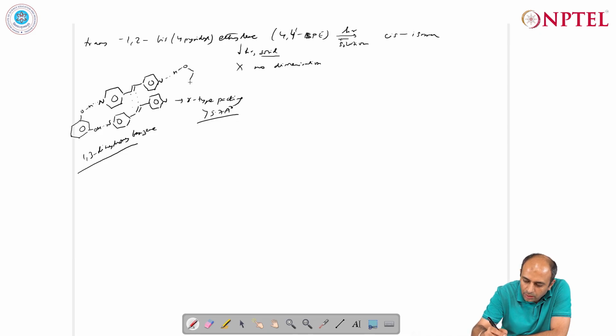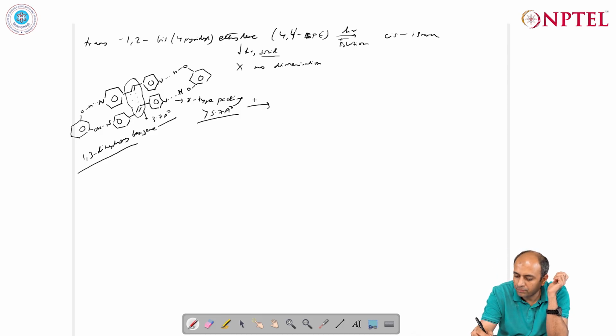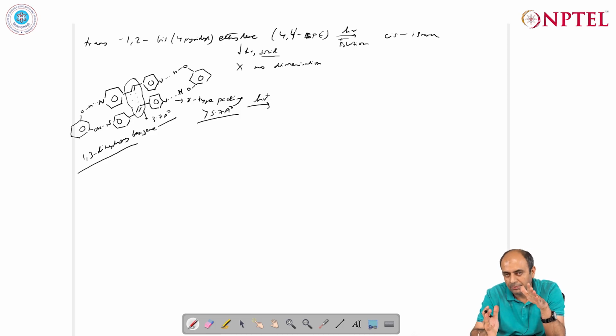We can now bring in the hydrogen bonds here. So this dihydroxybenzene now brings these molecules close to each other. The distance is around 3.7 angstrom, and therefore now when you shine light, they undergo photochemical dimerization, or they undergo the 2+2 cycloaddition reaction.